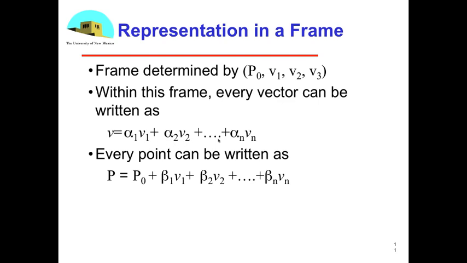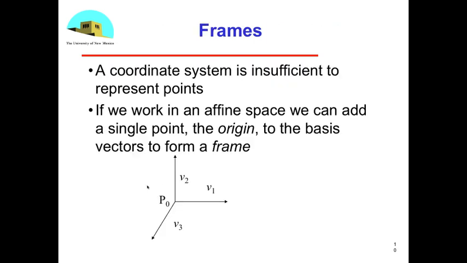Now what about a point? Well, what I can do is always go from the origin out to this point in space by a vector that goes from p0 to p1. So for a point, we use the notion of point-vector addition. Any arbitrary point is the origin plus a properly chosen vector, but that properly chosen vector is going to be a linear combination of our basis vectors v1, v2, and v3.